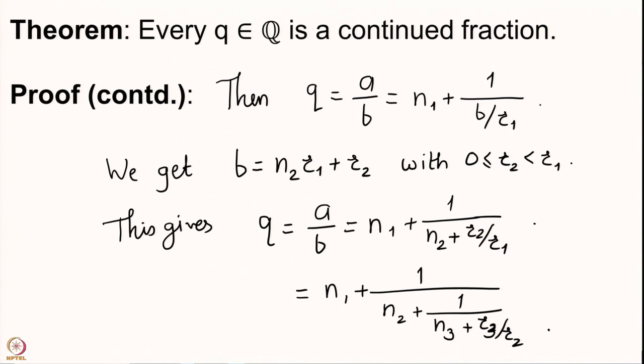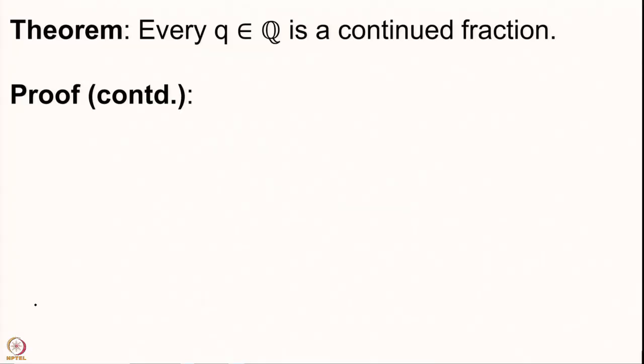If you continue this way, you are going to get denominators which are strictly decreasing, and these decreasing denominators will eventually reach the number 1, which is where the Euclidean algorithm concludes to give you the GCD of a and b, which is going to be 1 because we have assumed that a and b are co-prime. So, once this reaches 1, then we will conclude this process.